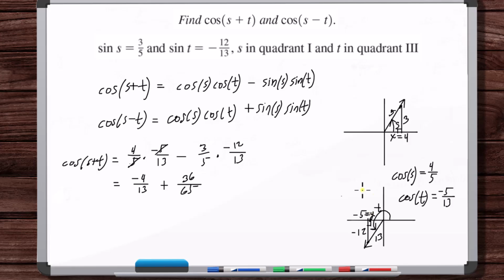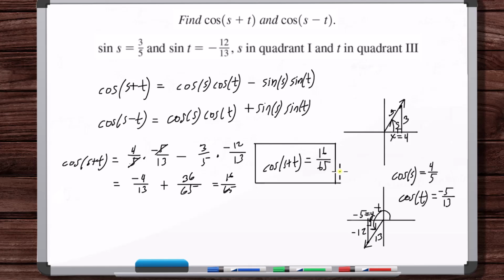(16/65). So cosine of s plus t is equal to 16/65. All right.